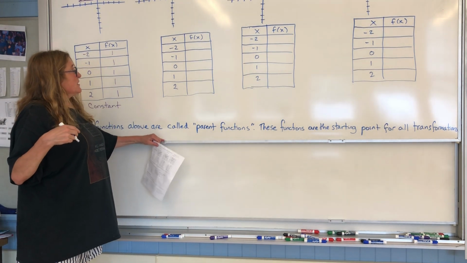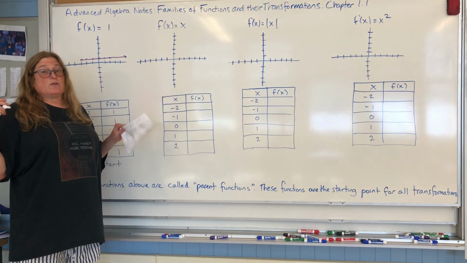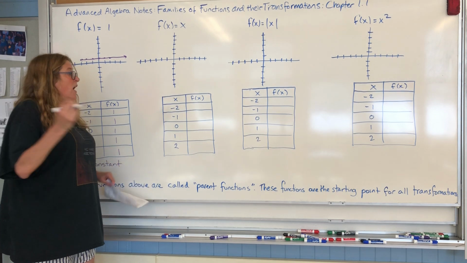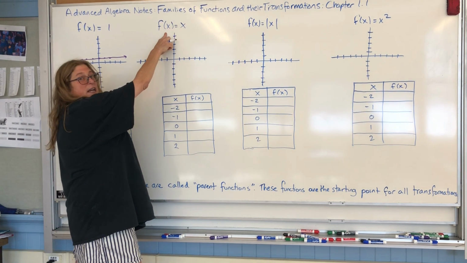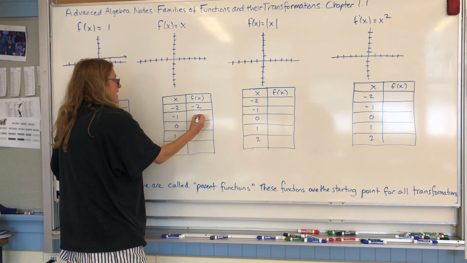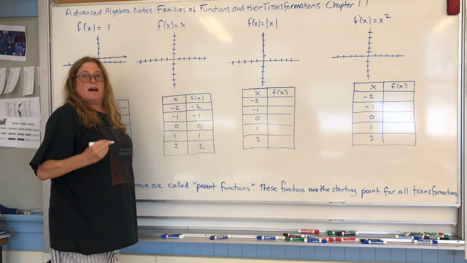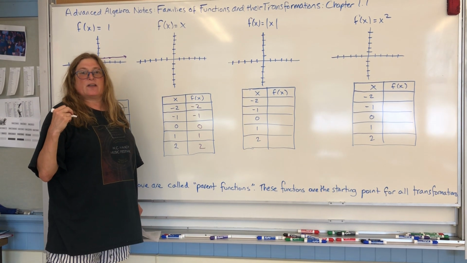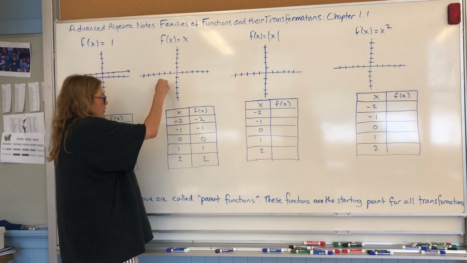Okay, let's look at this simple function, which is f of x equals x. If I plug negative 2 in for x here, I also get negative 2 for f of x. That's going to be the case no matter what x value I plug in, I'm always going to get the same f of x value. Let's see if we sketch this, what is this going to look like?